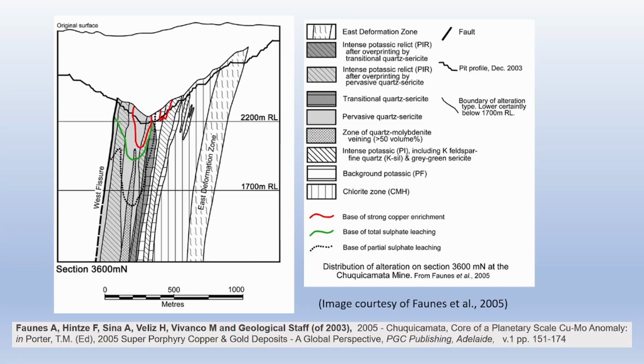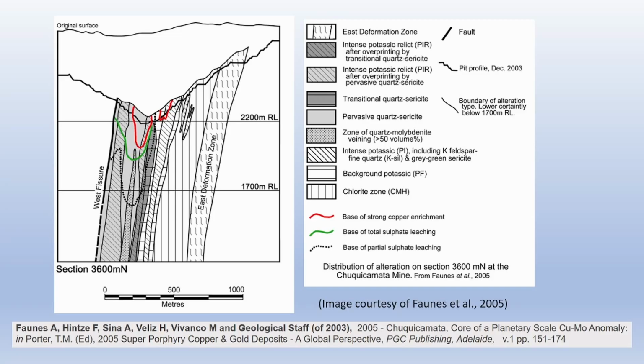It provides a rare opportunity to go through the spatial and temporal evolution of hydrothermal alteration within the deposit. As you can see, at the deepest levels, we observe the chlorite zone. It's a low temperature distal alteration domain representing early fluid interactions with country rocks.